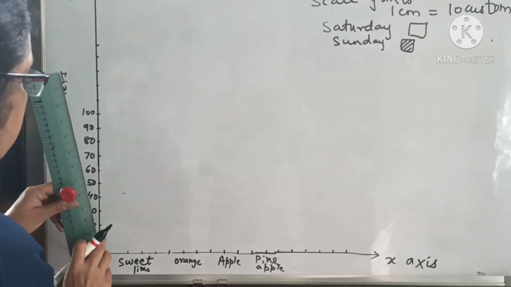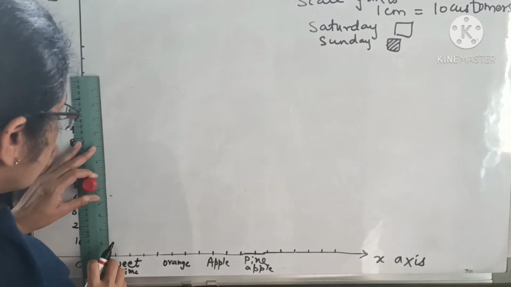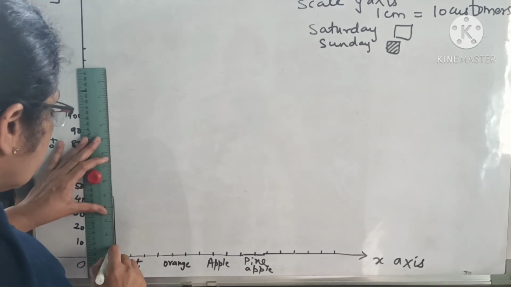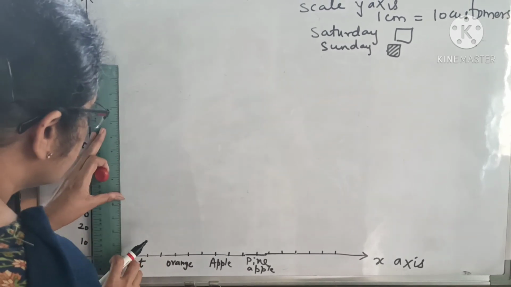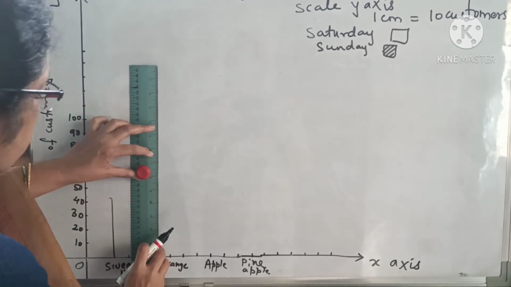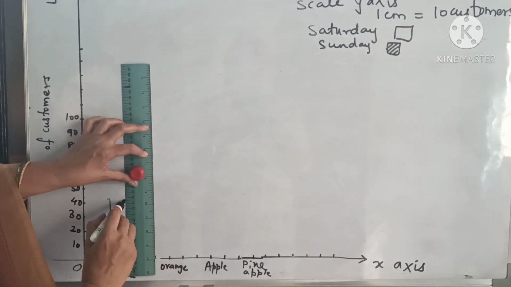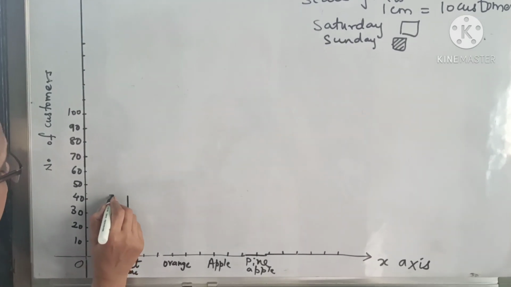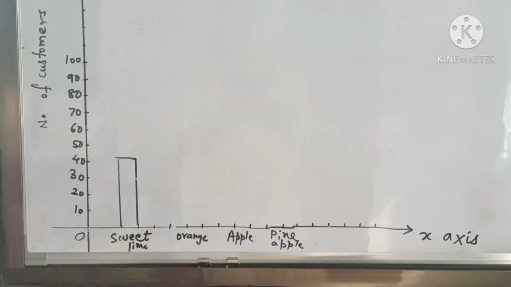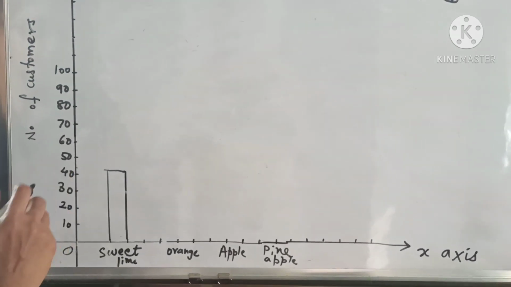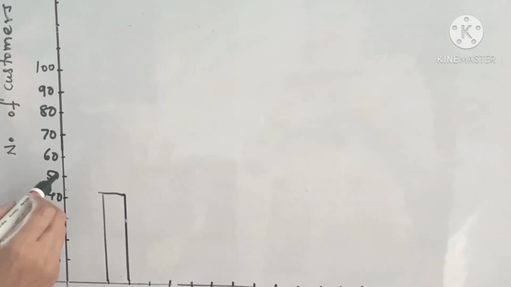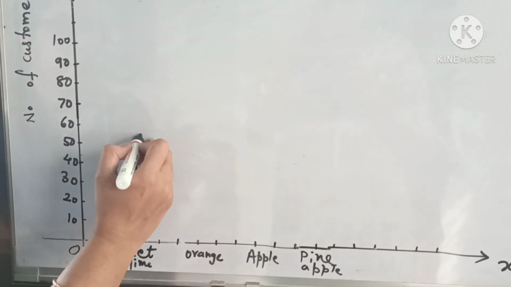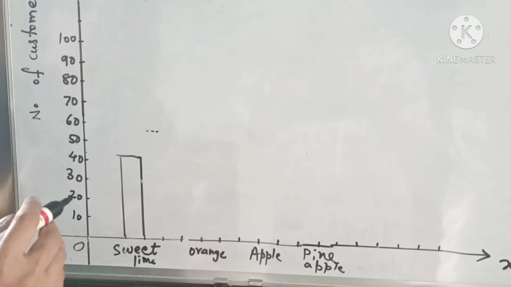So let us draw the bar, and on Sunday it is 59. So you just do the marking for 59, near about here.